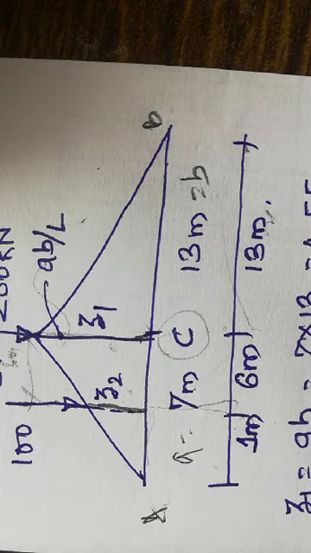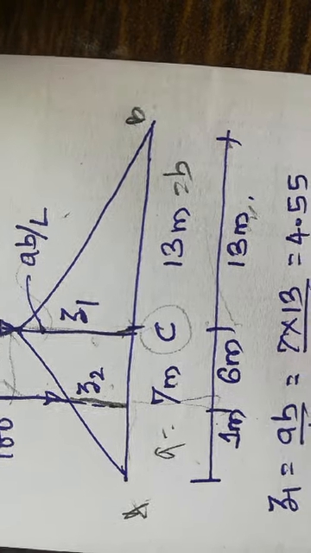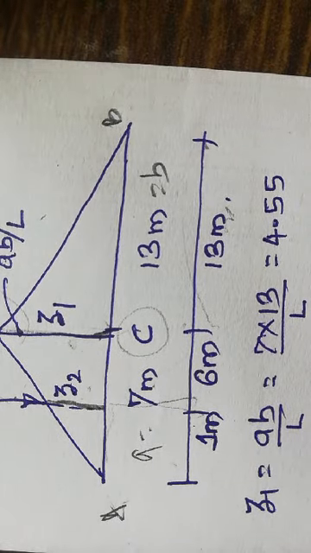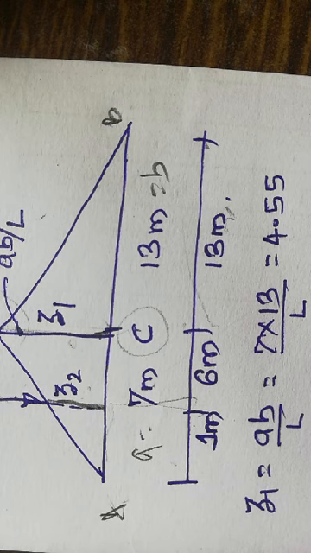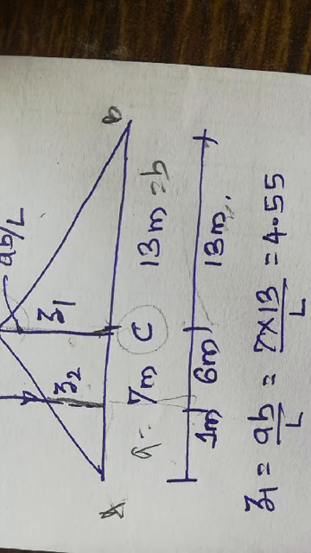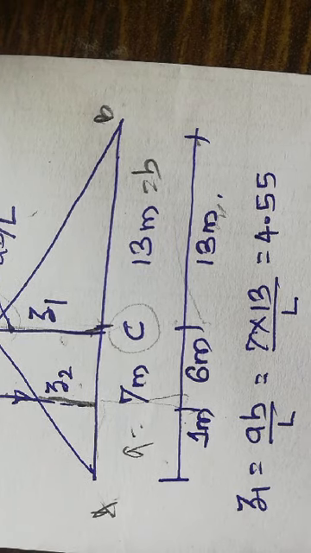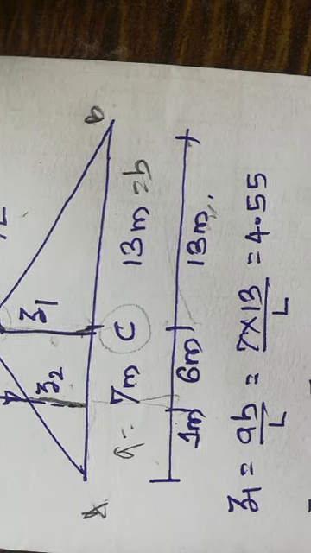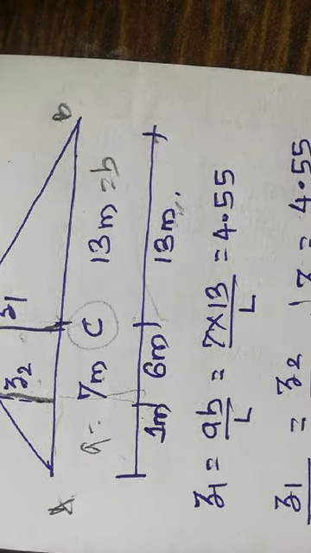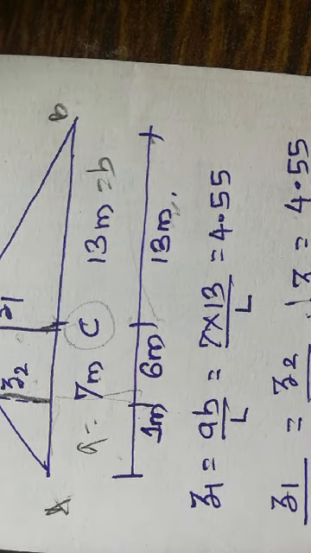Now let us calculate Z1. Since Z1 will be the maximum ordinate, AB divided by L, it is 7 multiplied by 13 divided by the total length 20. I will be getting the answer as 4.55.